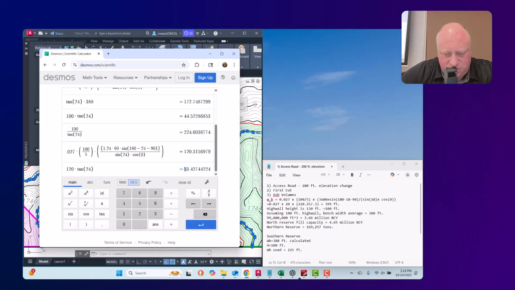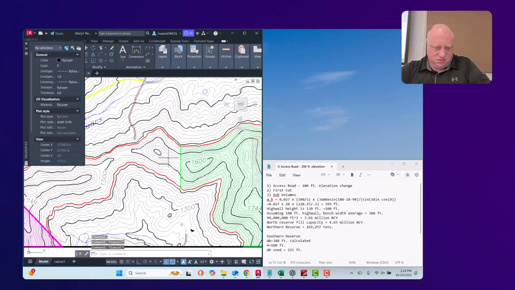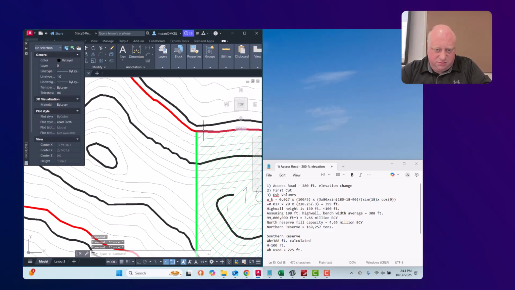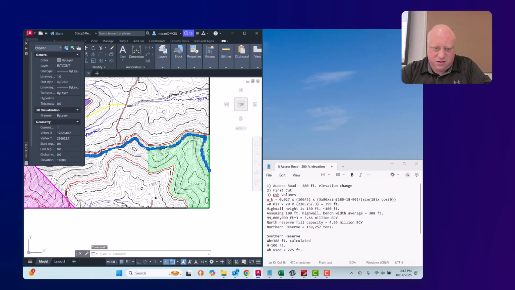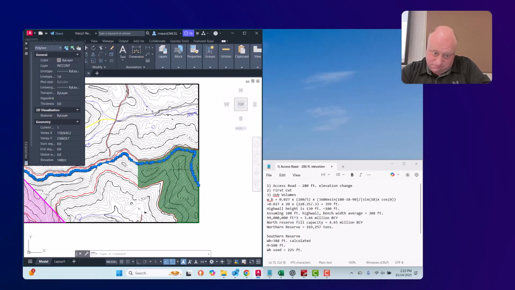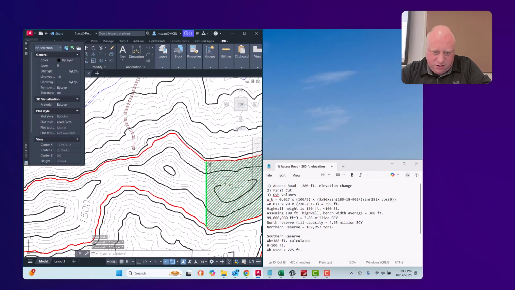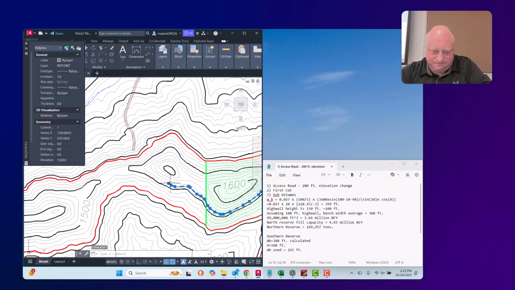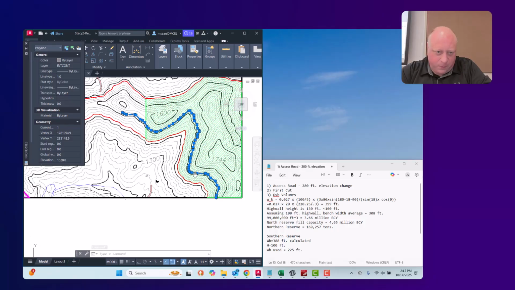I'm not saying don't mine this, but based on the economics, you're limited to a high wall height, a bench, that's going to be less than this. I can choose to mine it, but this piece is going to have to be much, much smaller. It's going to be half that in this area.